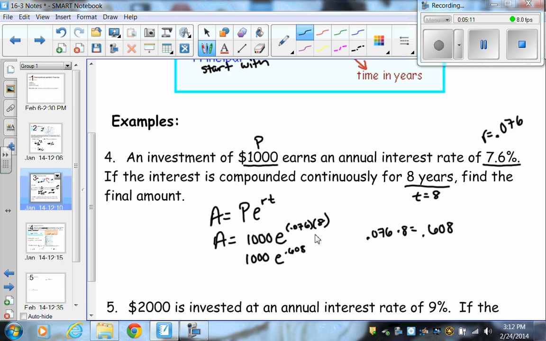But others that are really good with your calculators, you can type it in just like you see it. So this is going to give you 1000 times e to that decimal, and your answer should be, we're talking about money, so we're going to go to 2 decimal places, $1,836.75.